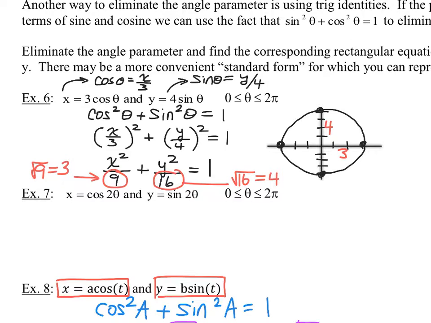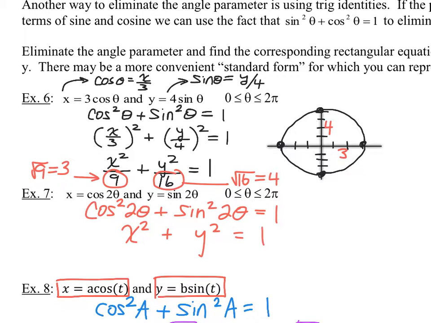For number 7, we're looking at, again, an identity: cosine squared of A, in this case 2 theta, plus sine squared of that same A is equal to 1. We know that x and cosine of 2 theta are the same thing, so we have x squared plus y squared equals 1.